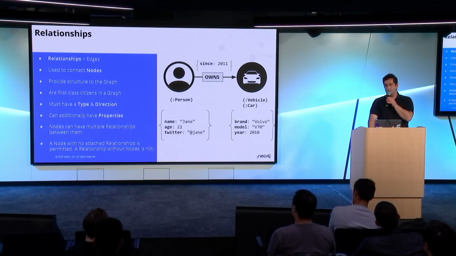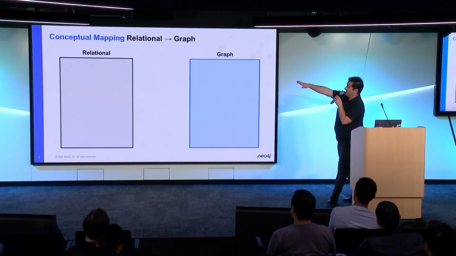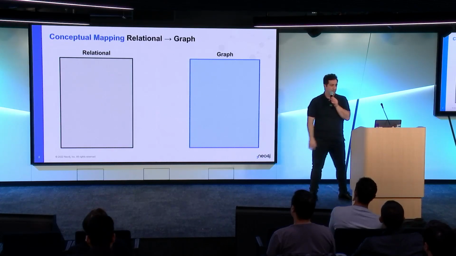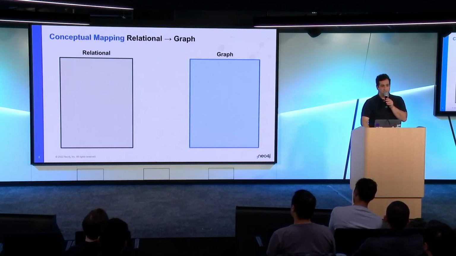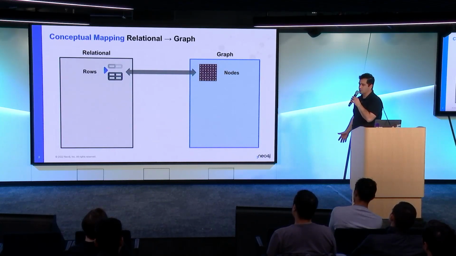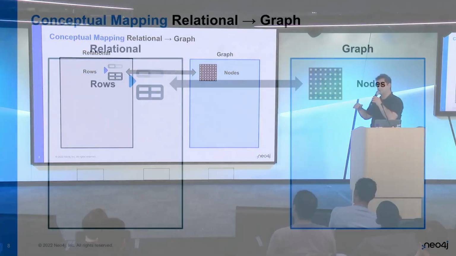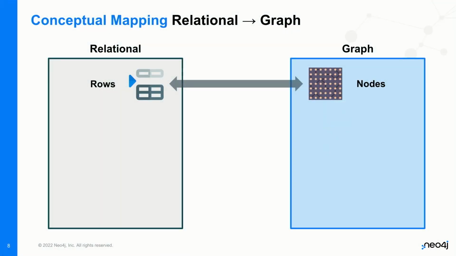For better understanding, let's compare with relational, or tabular. In a relational database, we have rows, and we can say those are nodes. There's a slight difference, because they're not necessarily a one-to-one relationship.